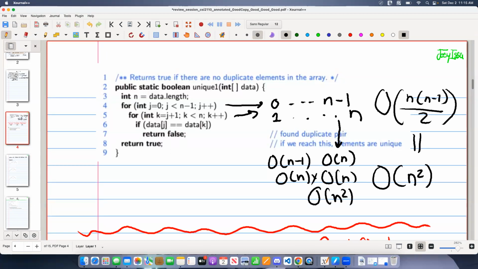Now, in terms of getting the more specific solution, you would use a table. So you have i, and i is going from 0, 1, 2, 3, 4. And then you have j. j is incrementing 1 off of i, which is 1, 2, 3, 4, 5, and you're going all the way to, in this case, n minus 1, and in that case, n.